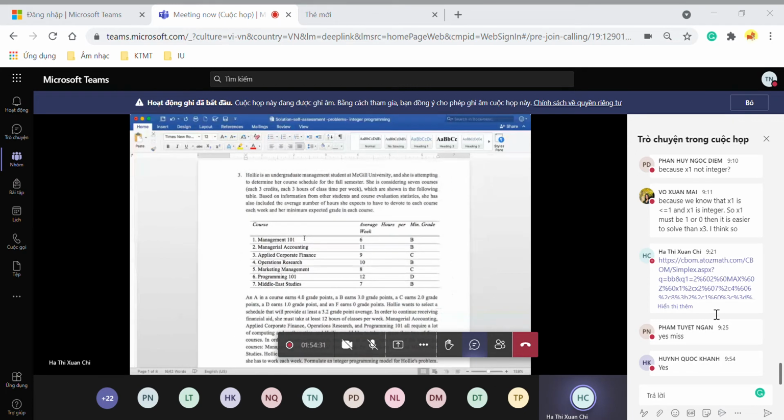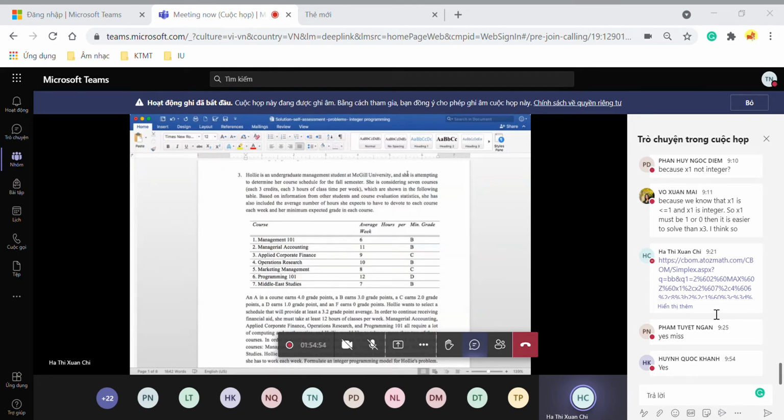Okay, for this example, let's solve the problem together. Everyone, please take notes and summarize the question in your paper, and we can discuss.